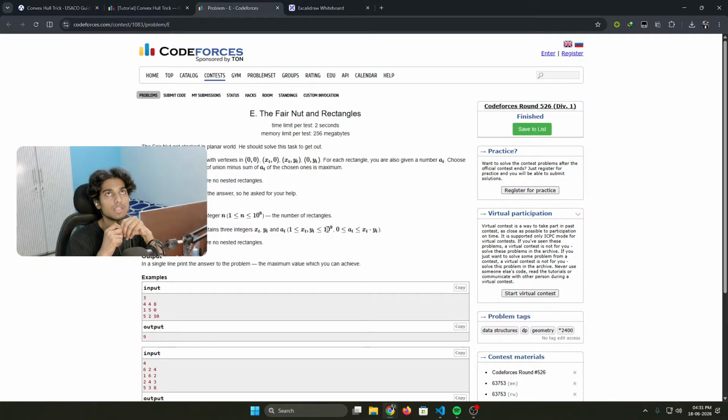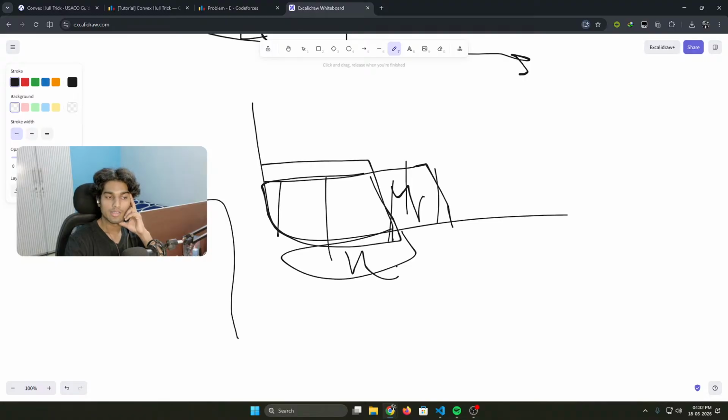Because we also have to see there is no nested rectangles, so there is no case.